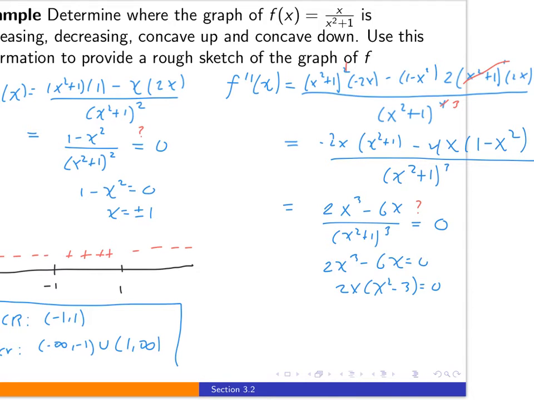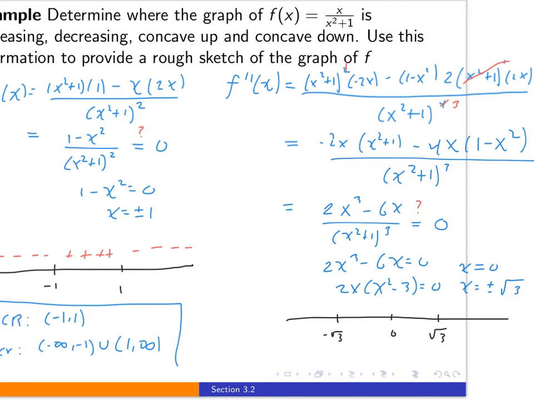So the second derivative will be equal to 0 when x is equal to 0 or x is equal to plus or minus the square root of 3. So on our number line, we need to indicate 3 points: minus the square root of 3, 0, and positive the square root of 3.